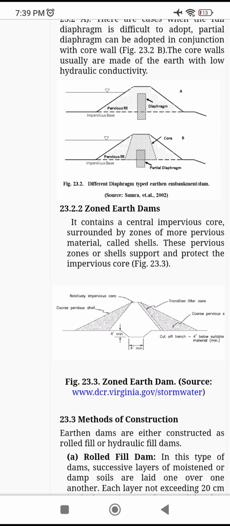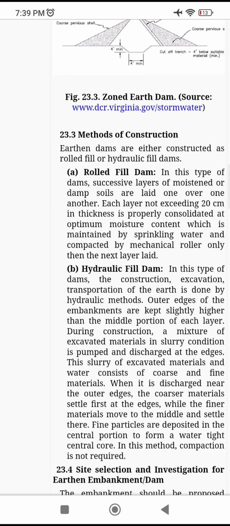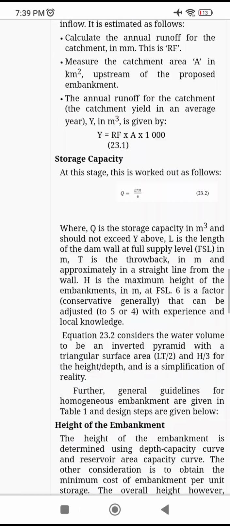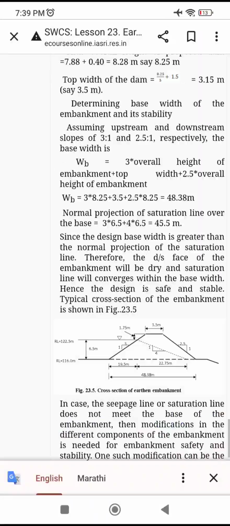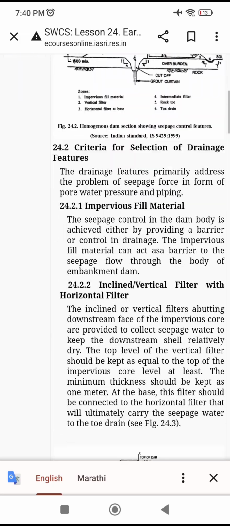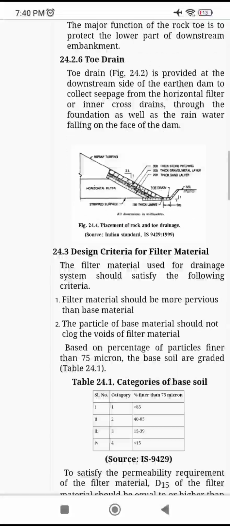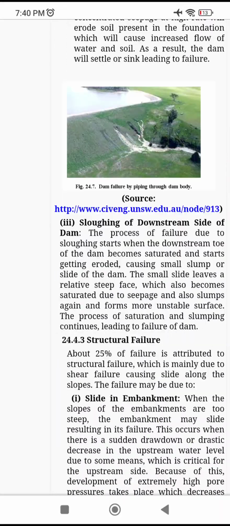Then zoned earth dam. Method of construction: rolled fill dam, hydraulic fill dam. So this is the method for construction. Then this is toe drain, seepage failure.